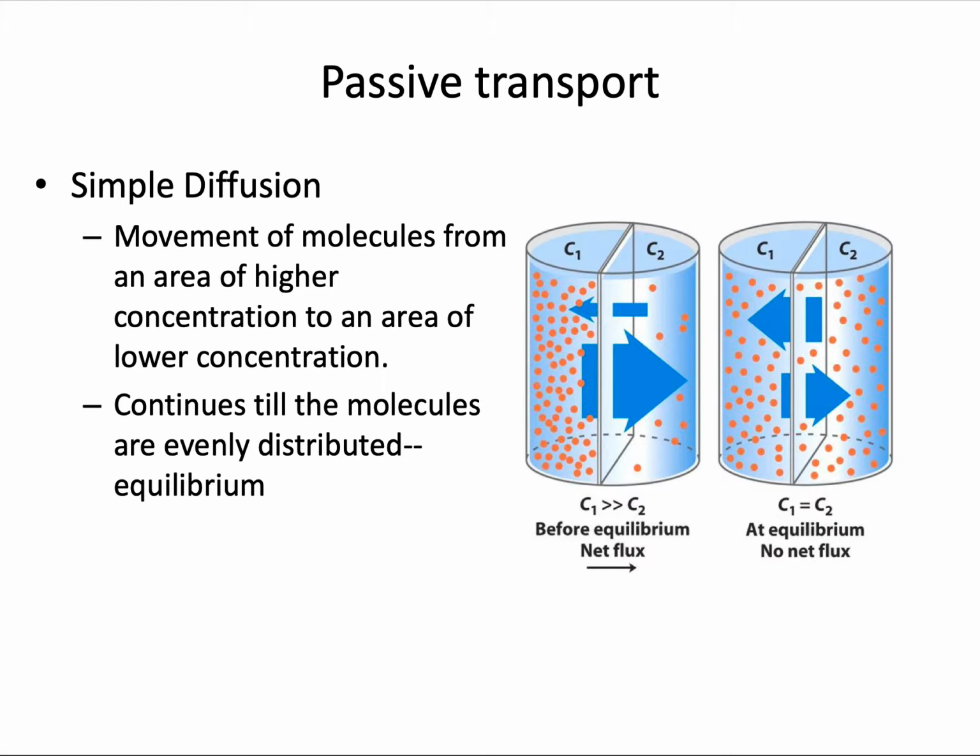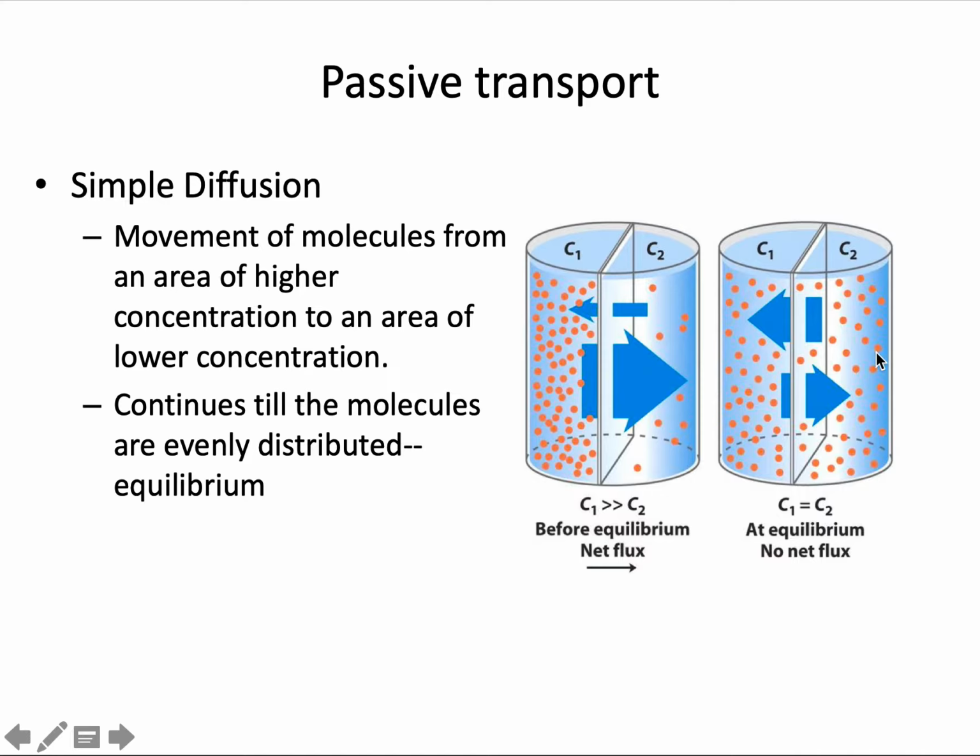So for instance, if we look at two concentrations, there is a membrane here, you have concentration 1 and concentration 2. What happens in simple diffusion is that where you have a high solute concentration, these solutes will move across the membrane to this other chamber where there are fewer solutes until an equilibrium is established.